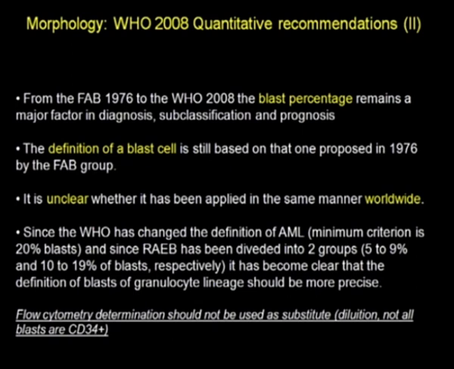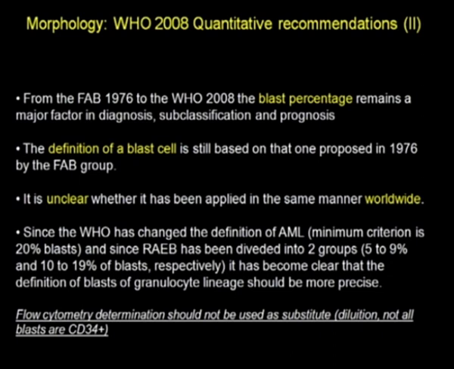Compared with the FAB classification, we know that starting from the previous edition of the WHO classification, the threshold for defining acute myeloid leukemia is a blast count of 20%, while in the FAB era it was 30%.